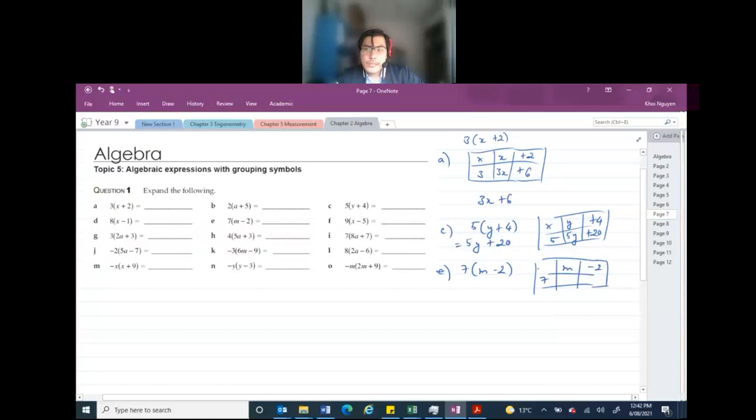Okay, so we've got 7 times m, that's 7m. Now here we have positive 7 times negative 2. Positive and a negative makes a negative. 7 times 2 is 14. So our answer is going to be 7m minus 14.